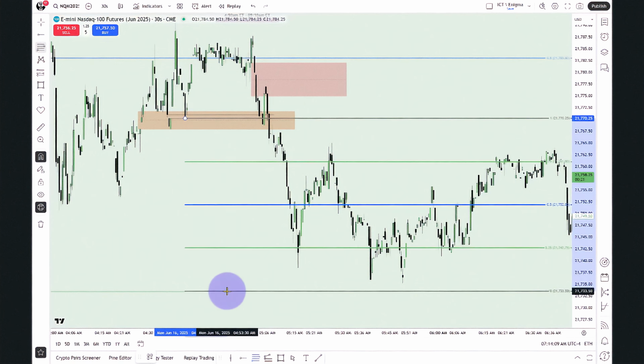For me, the way I use that is if there is a setup that I can be getting short in, can I afford myself at least 15 handles in the NASDAQ? If I can't get comfortably 15 handles out of it with spread considered on both sides, then I'm not going to take the trade.